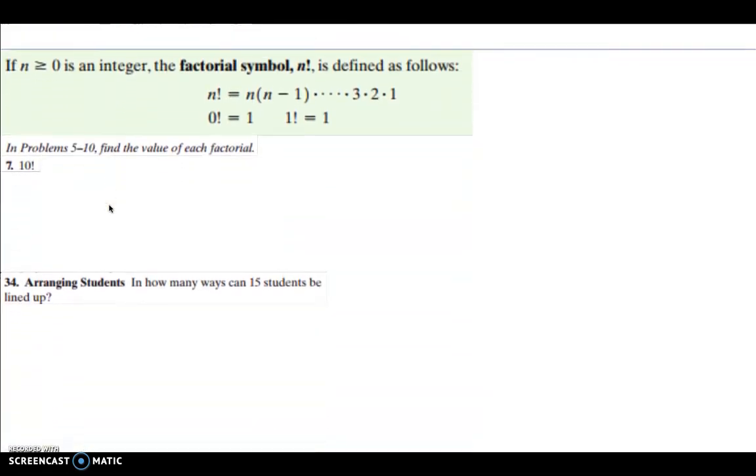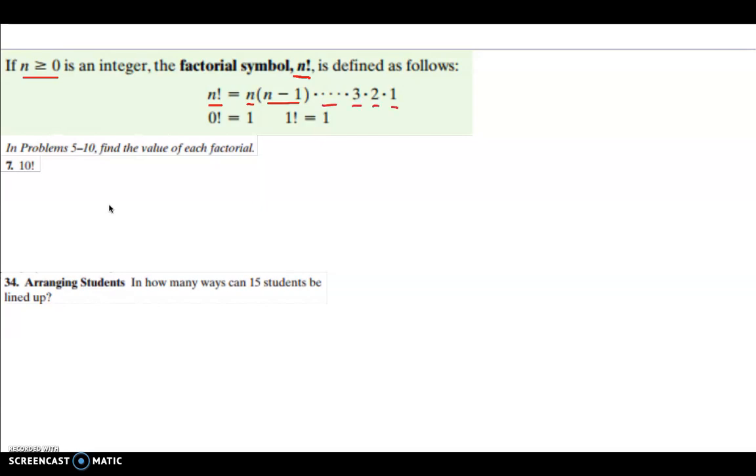Now, we're going to look at this idea called a factorial. This will be very helpful for a lot of problems that we're going to get into. But let's identify what this means. If n is greater than 0 and is an integer, then the factorial symbol, n with an exclamation mark, is defined as the following. n factorial is just n times n minus 1 times n minus 2, and so on, until you get to 3 times 2 times 1.